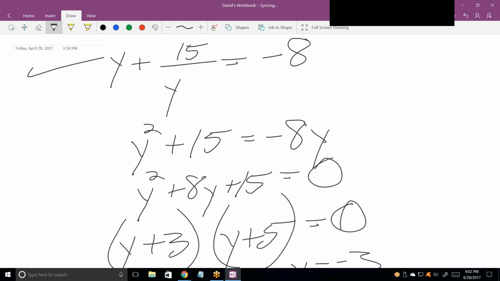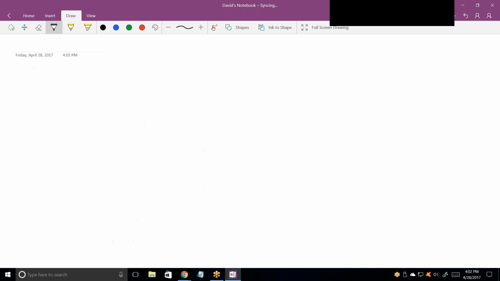This is none of those. So we would not expect an extraneous solution here. We would expect both solutions to work. In fact, if I was taking a test, I would not try either one of them. I would just assume that both of them worked. As opposed to if there was a square root in there, then I would try both of them to make sure they both worked.